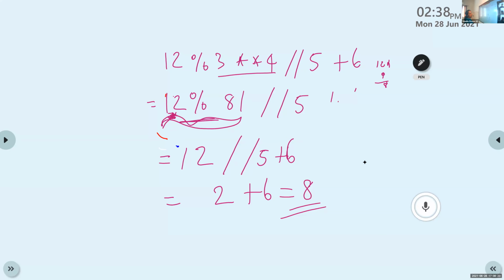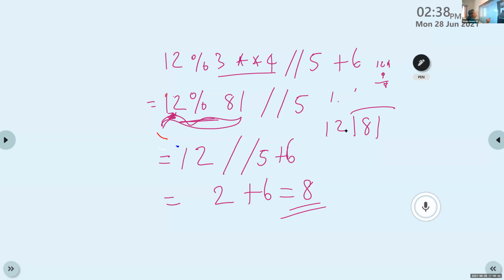Ma'am, which one is the correct one? 12 mod 81 means 81 is divided by 12. Ma'am, can you explain the whole question again?